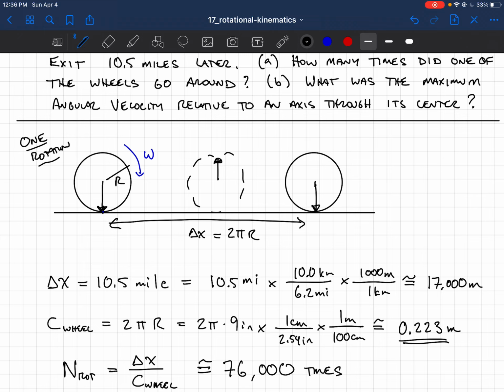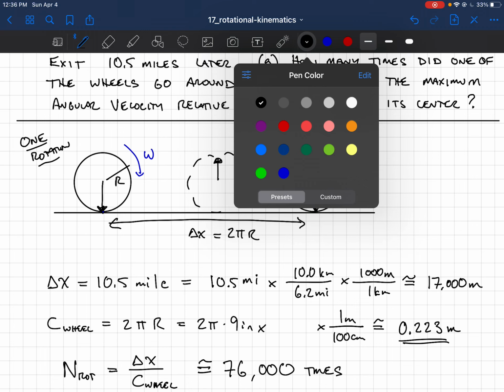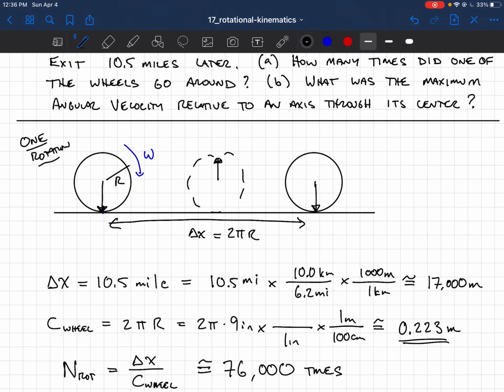And then we divide by 2.54. Oh, that's what I did wrong. Sorry. Good thing I have some sense. 1 inch is equal to 2.54 centimeters. That's the problem. So its circumference is not 22 centimeters. It's going to be 2 pi times 9 times 2.54 and divided by 100. And that's 1.44. That's better.